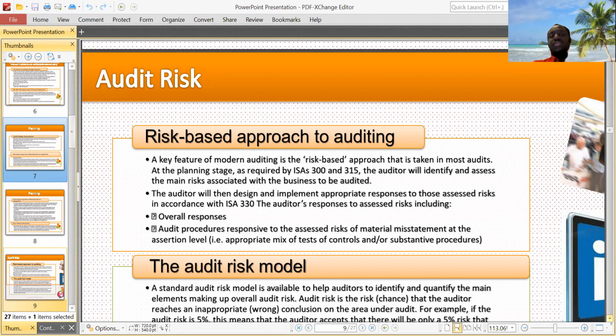So after the auditor has identified the risk and assessed the risk, the auditor has to design and implement appropriate responses to handle those risks, in accordance with ISA 330. Very, very important. So you see how it works. Identify the risk, you assess the risk, you design risk responses and implement them.